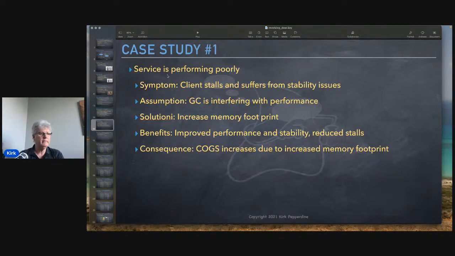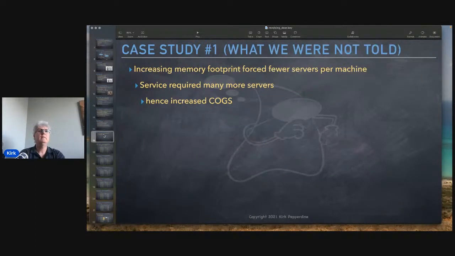But the consequence of this solution was that their costs went up dramatically, because of the increased memory footprint. It's all cloud-based, and memory footprint is one of the drivers of cost in the cloud. What we were not told, and these are always the fun bits, is what the environment looked like.